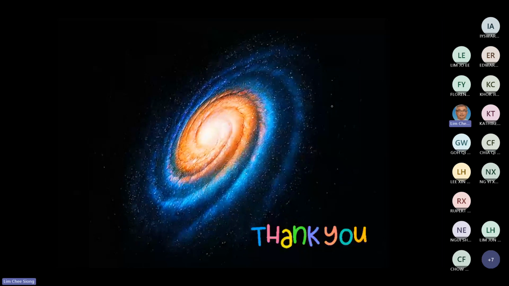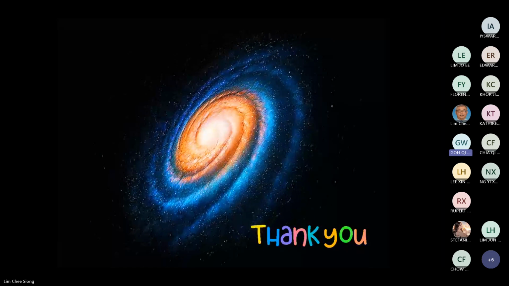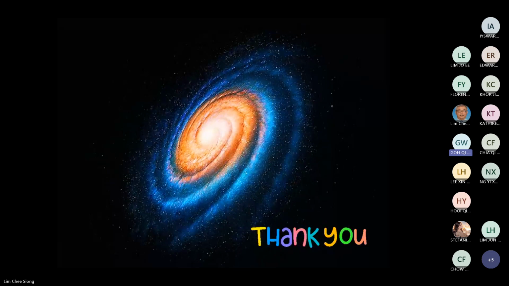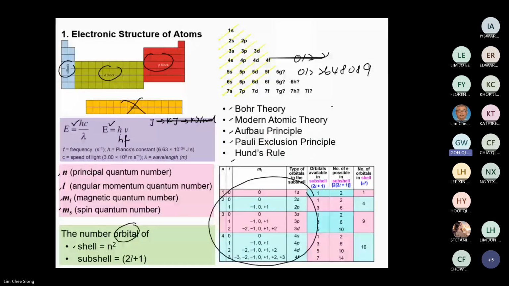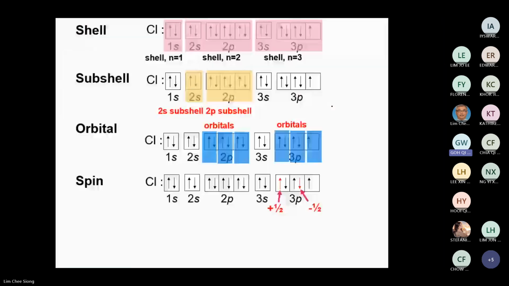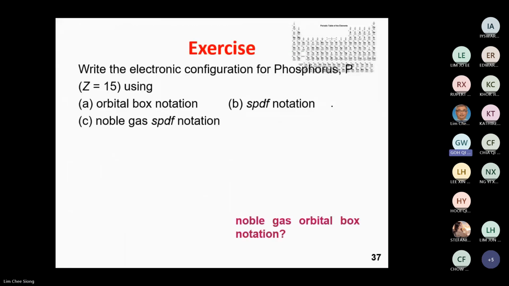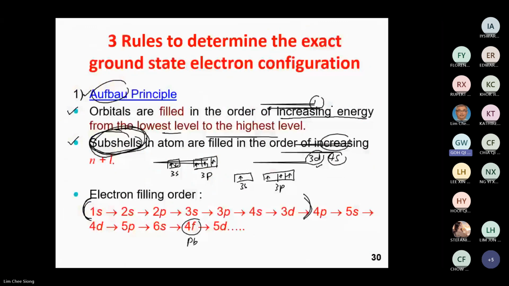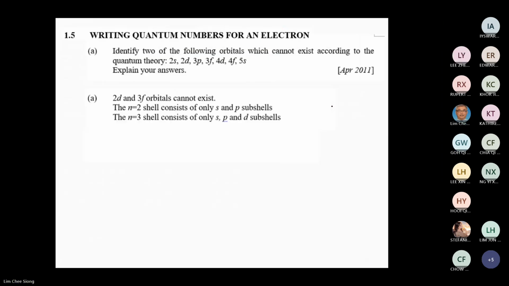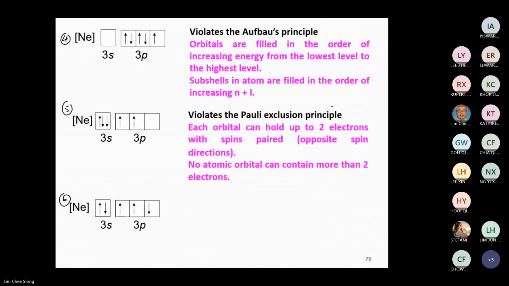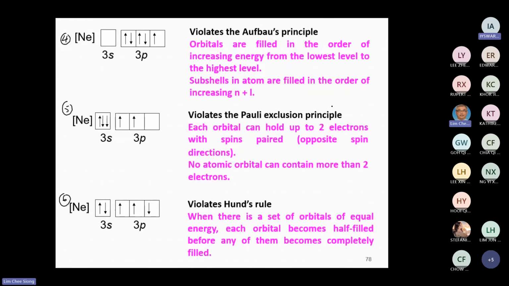Teacher, can you show back the last slide, the Aufbau principle, the set 4, 5, and 6? I just want to recap. Usually for electron configuration, for orbital box notation, we write the order 1s, 2s, 2p, 3s, 3p, 3d.